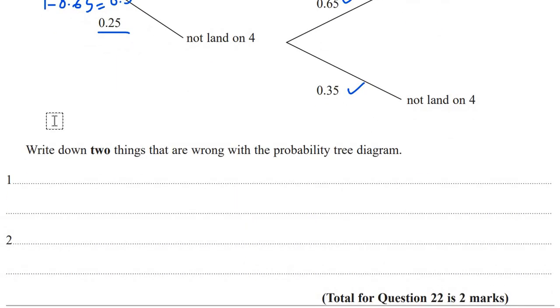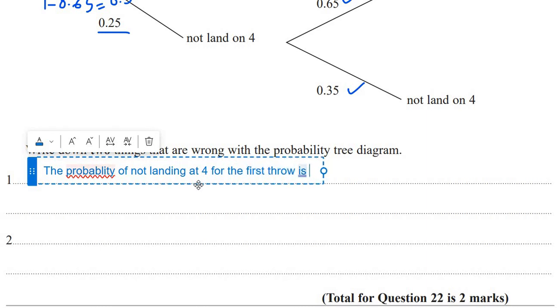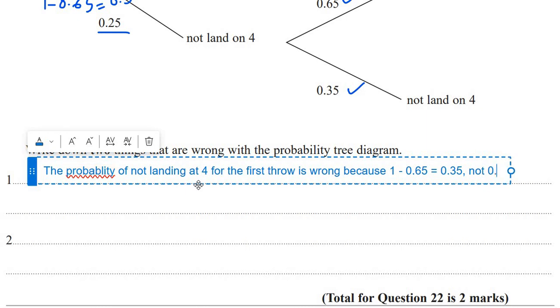So the first mistake is right here. So you can say that the probability of not landing at 4 for the first throw is wrong because 1 minus 0.65 is equal to 0.35, not 0.25.